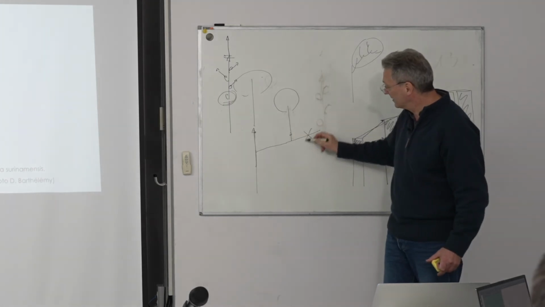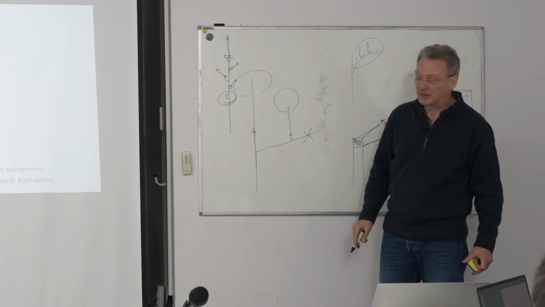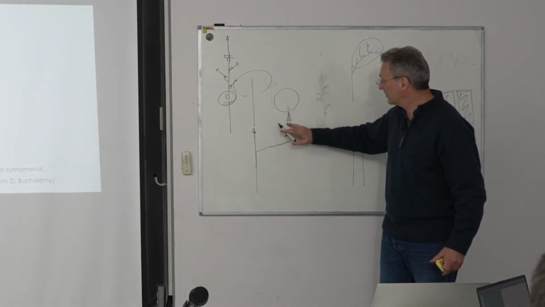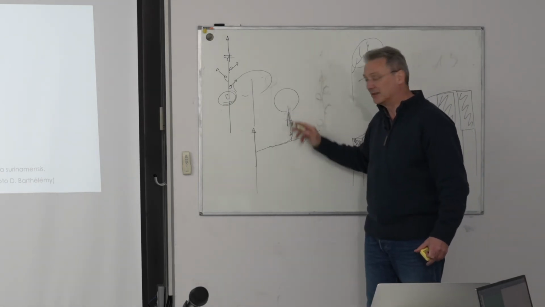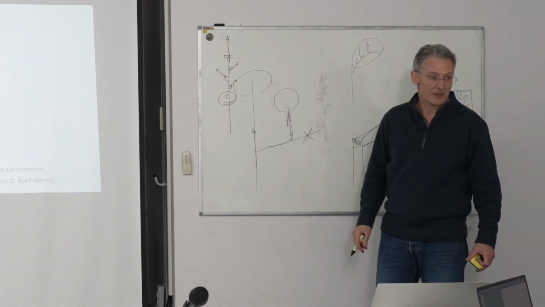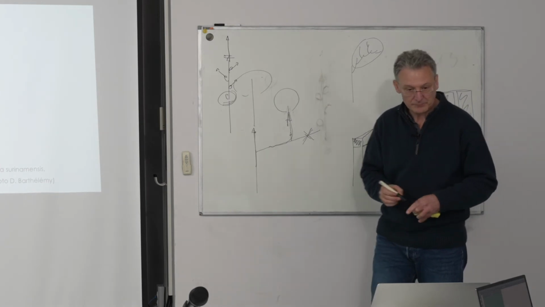And this part was simply pruned out by the tree activity, because all the matter and all the energy of the plant was invested in this new branch. So this just folded away.